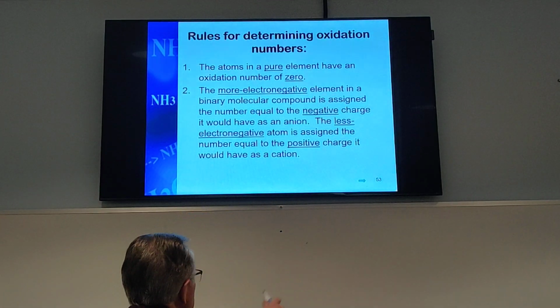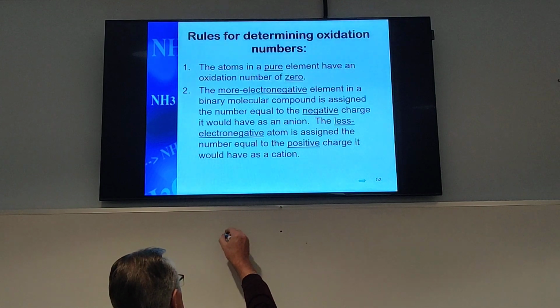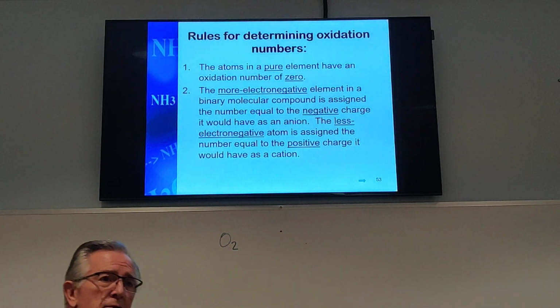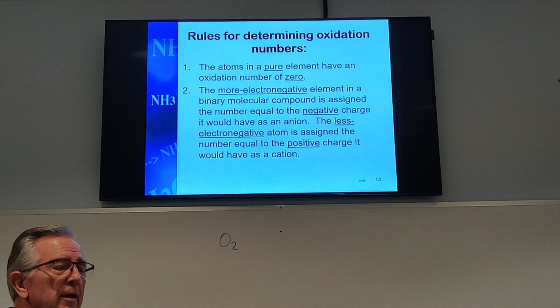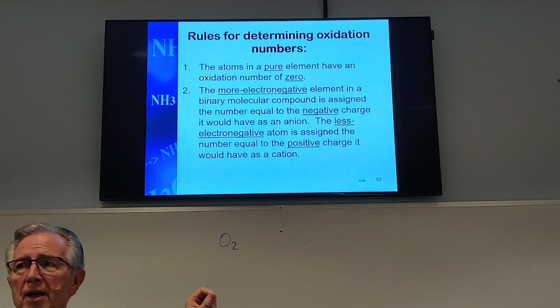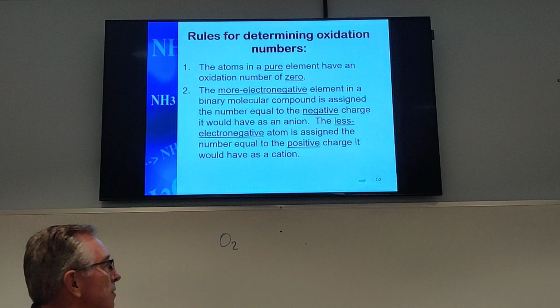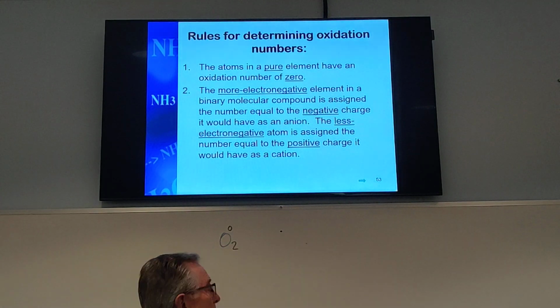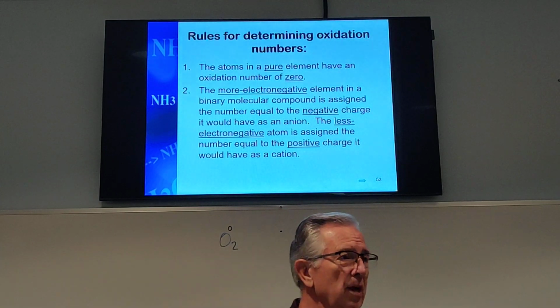Now, let me write something up here. For instance, if I have an oxygen molecule, which is O2, each oxygen is bonded just to the same kind of element, so each of these has an oxidation number of 0. That's what we're saying.